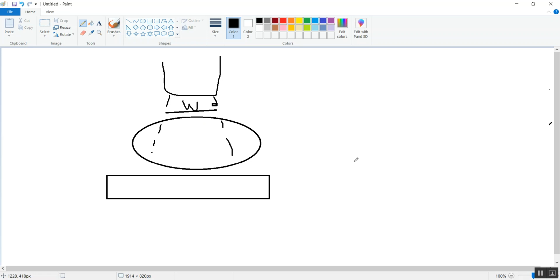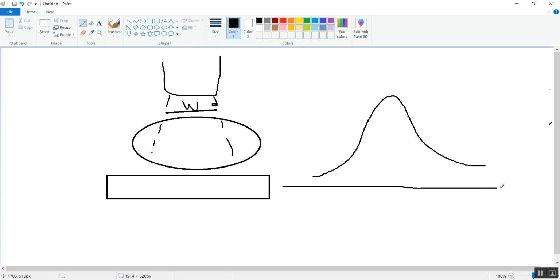Now, if I want to calculate the dose in this width of the patient, I'll get a profile like this. This is dose, and this curve represents the dose, and this is distance, the distance through the patient, the distance of the slice. We are moving from the start of the slice to the end.